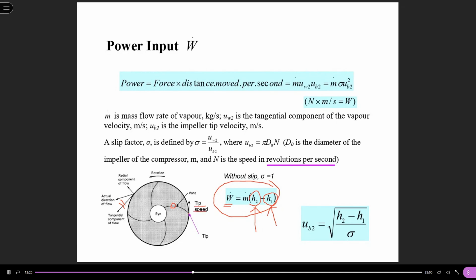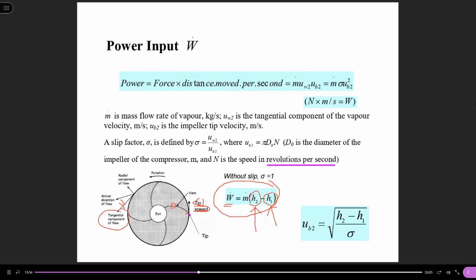The impeller tip itself has a speed, and the pressure of the vapor will be increased, and the velocity will be increased, and it will leave the impeller tip with the actual direction of flow.